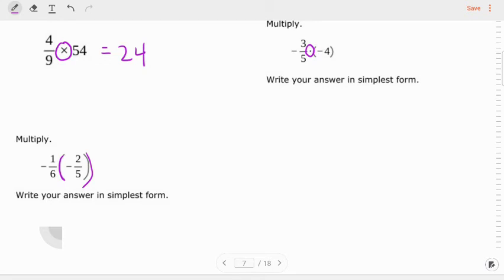So keep that in mind as we go through the different problems. I'm just going to write down the answers for these. If you'd like the extra practice, go ahead and write these in. My final answer for this problem should be 12 over 5. And on this next one, my answer should be 1 over 15.